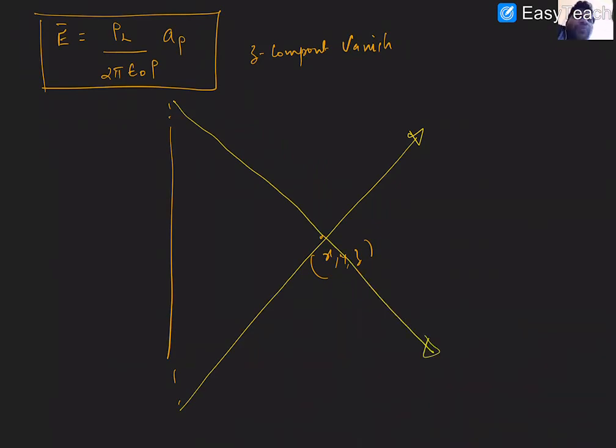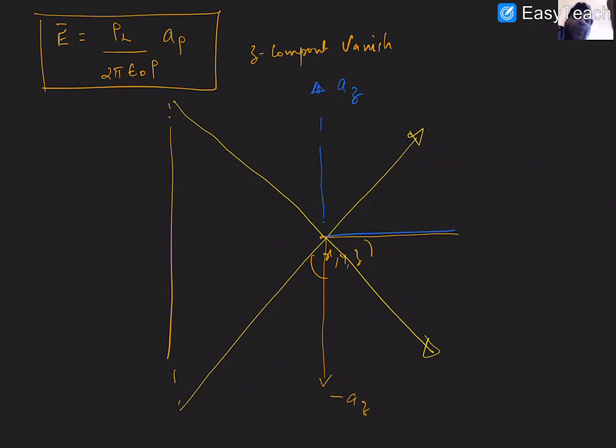That means if you split these components into two, you have some components in az direction, and if you split the second one, then you have some components in minus az direction.